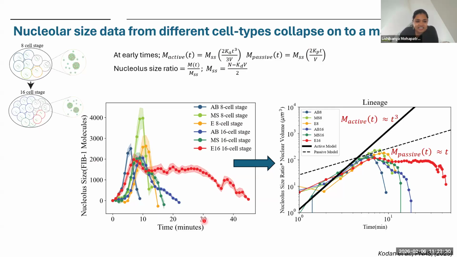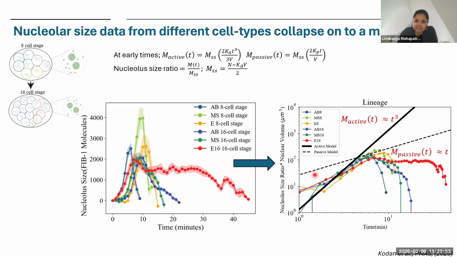And if you take the data and you arrange them in a specific way, where you take the nucleolar size, divide that by the steady state size predicted by the model, and then multiply that by the respective volumes, you will see that all of the data from different cell stages kind of collapse in initial times. And that was really interesting for us to see.